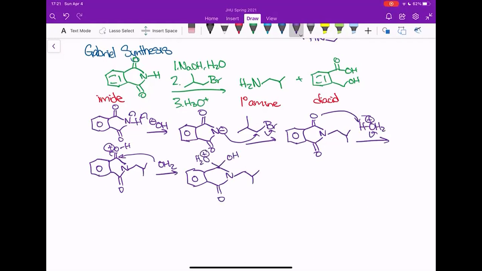All right, and then remember that we're trying to free this nitrogen group. So we're gonna do a series of proton transfers in order to make it a better leaving group to kick it off. So first, right here, we're gonna do a proton transfer to switch that proton over to the nitrogen.